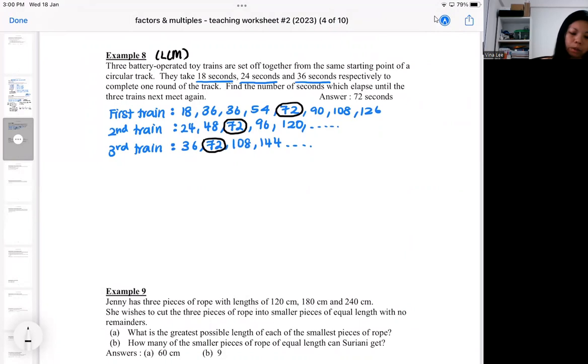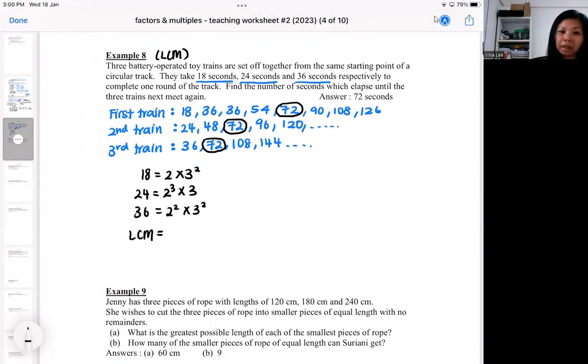So again, if you know that you're going to do the LCM question, okay, apply your prime factorization first. So do your ladder. Okay, so I'm not showing the ladder, I'm just showing the prime factorization. And get your LCM from the higher power.